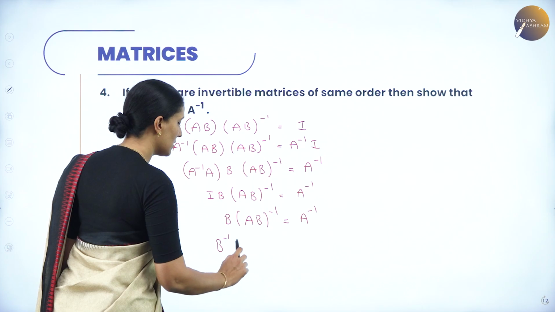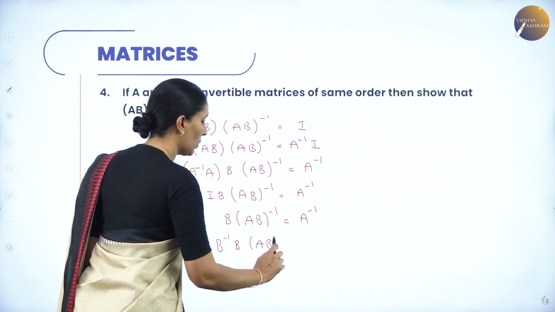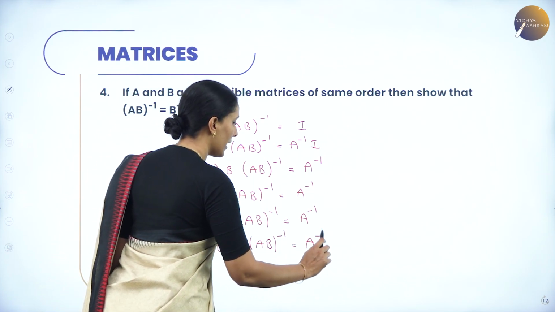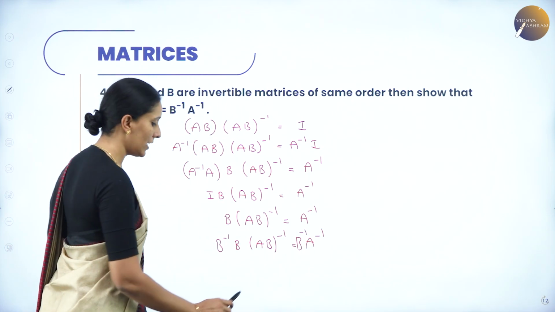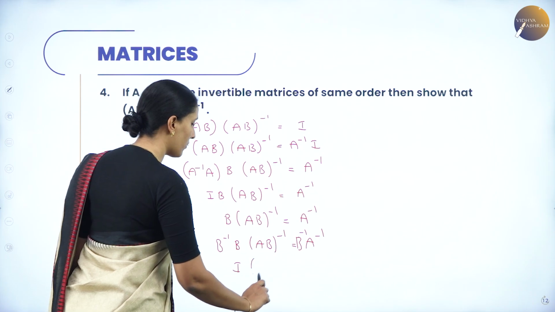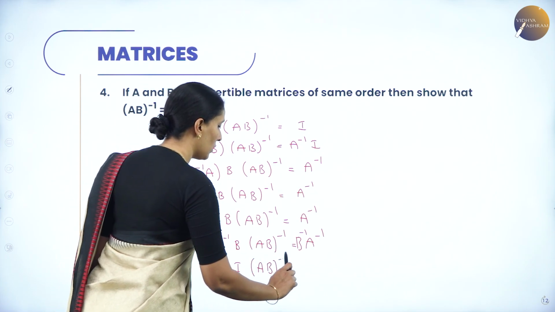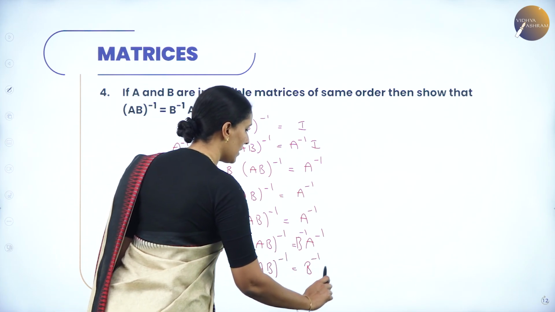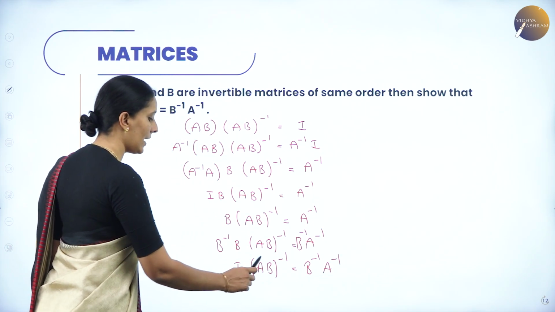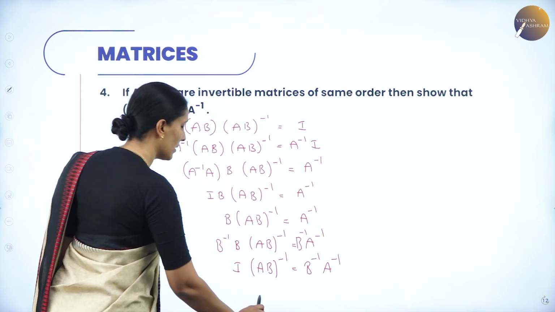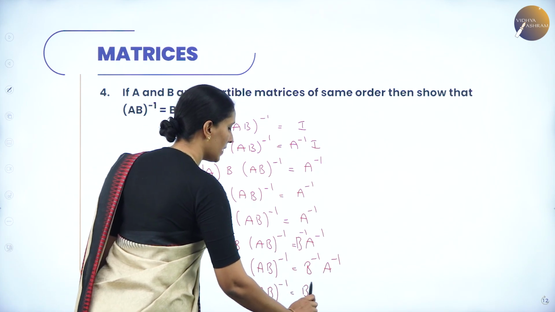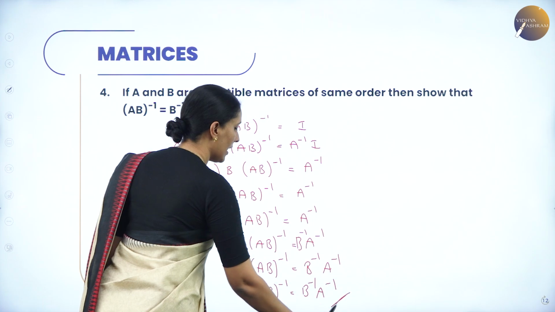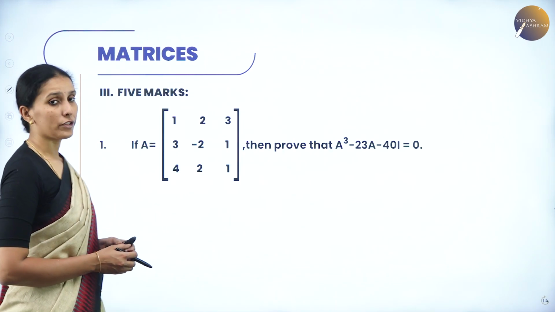So B inverse B, AB whole inverse is equal to A inverse, and here B inverse. So B inverse into B is nothing but identity matrix, which is AB whole inverse is equal to B inverse A inverse. Again, identity into any matrix is AB whole inverse is equal to B inverse A inverse. Hence, proved.